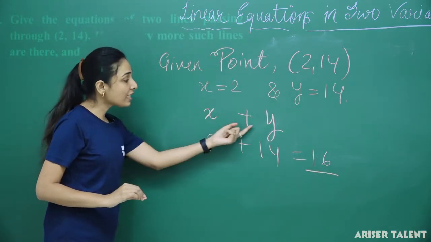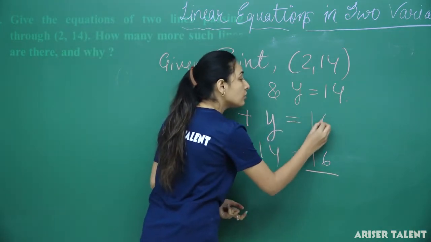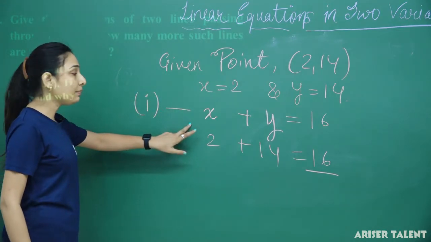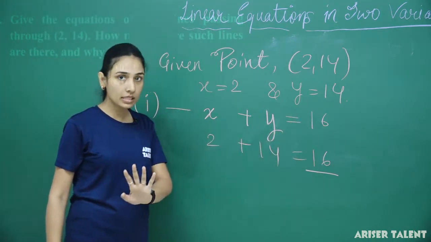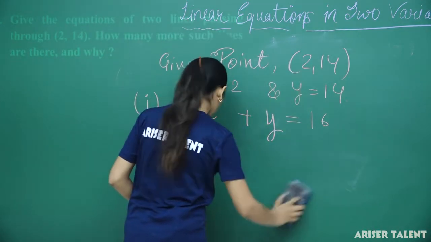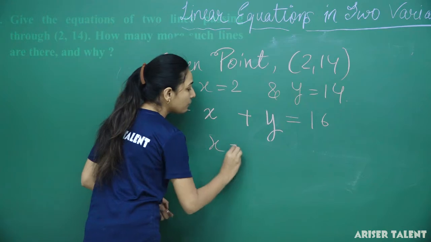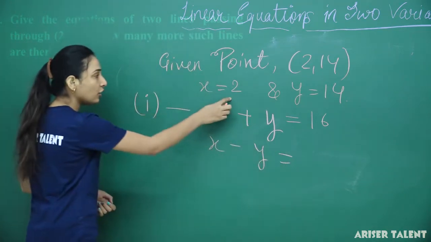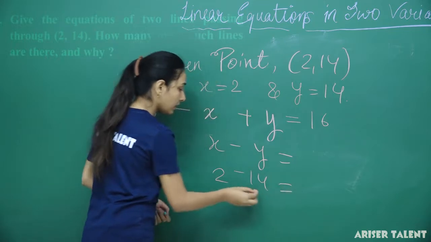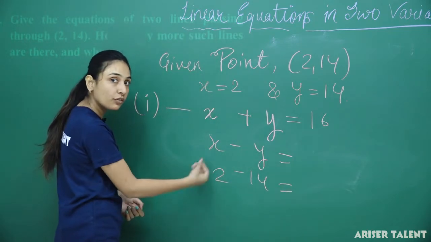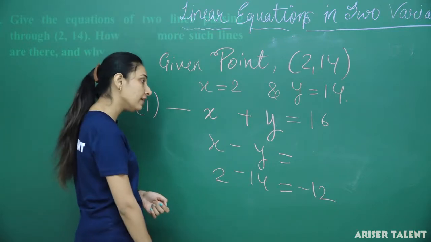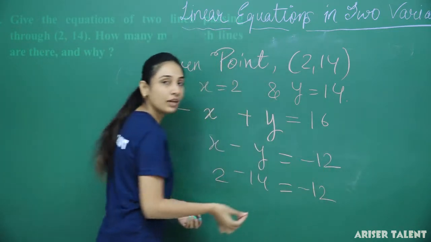That means x plus y is 16. So that can be one equation. Equation number 1 can be x plus y equals 16. Now what if I do y minus x? The value of x is 2 and the value of y is 14, so 14 minus 2 gives you 12.